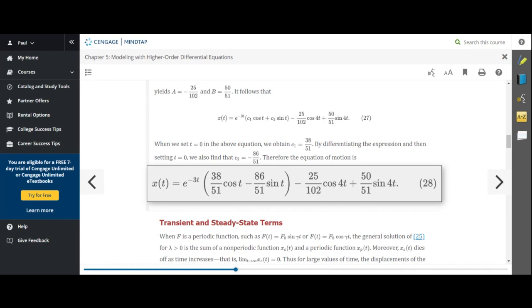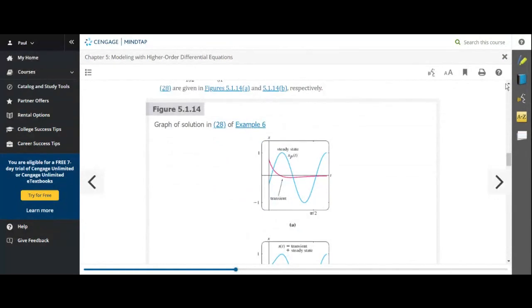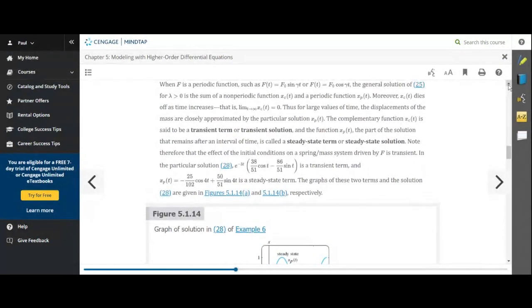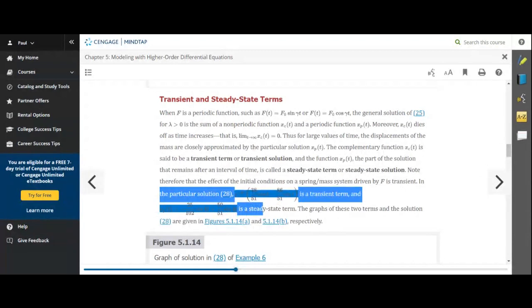All right, let me just see here. Going down here. Well, actually, they mention it right here. The particular solution is a transient term.